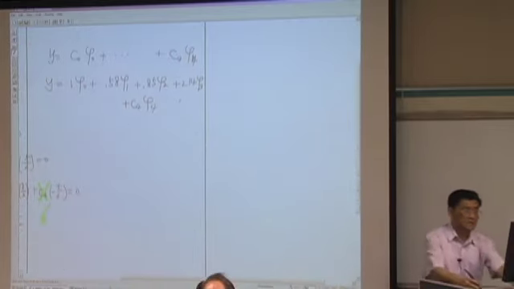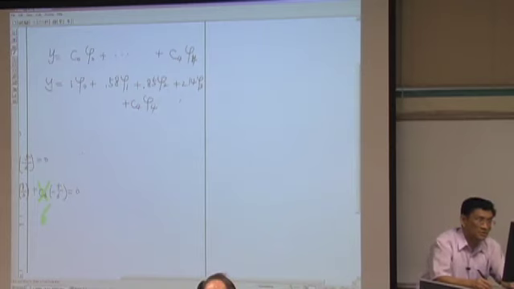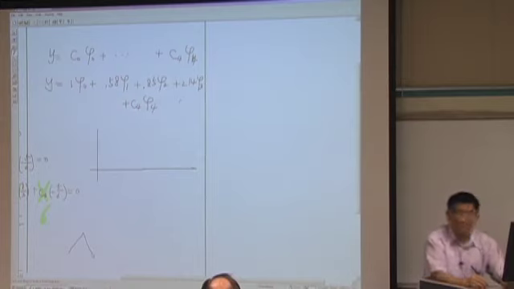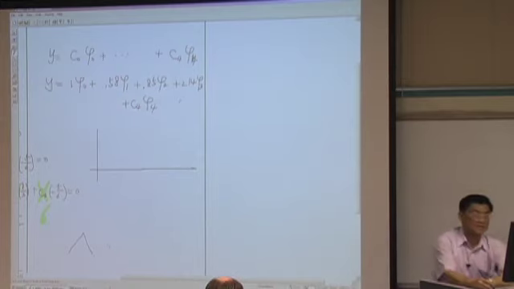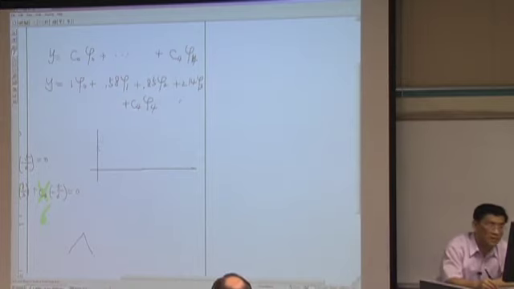Then roughly, this is the situation. If we sketch it, because it's one-dimensional, all the functions are straight lines, right? So at 0, it is 1. At 1, it is 0.58, right? At 2, it is 0.85, right?